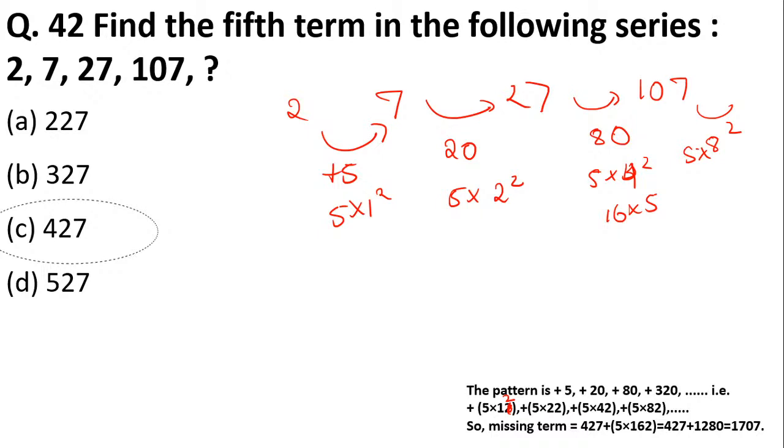Plus 5 into square of 8 is equal to 320. This 320 we will have to add to 107, which is equal to 427.